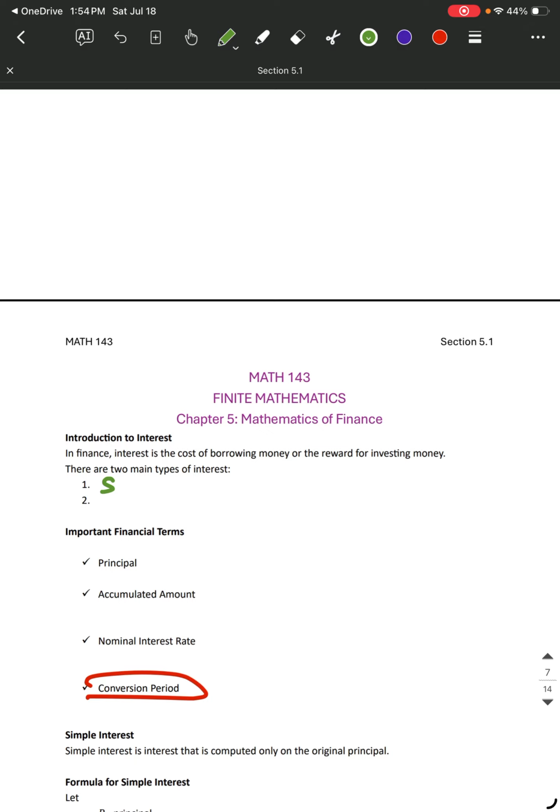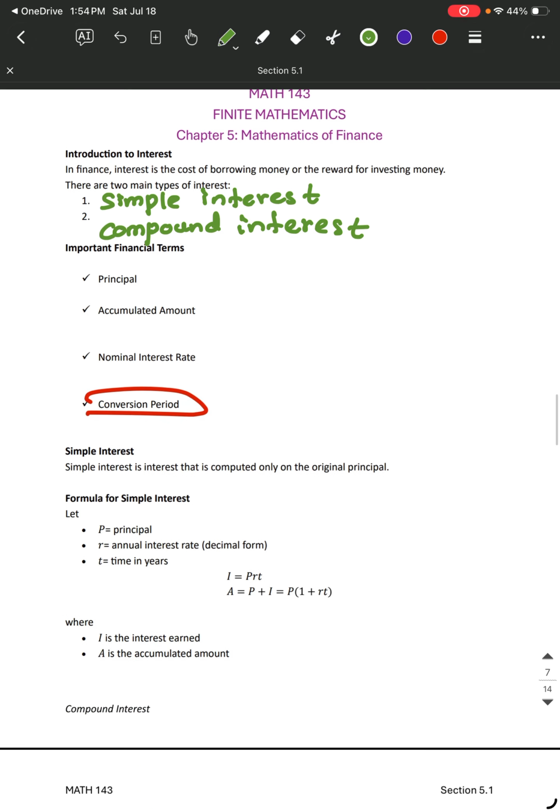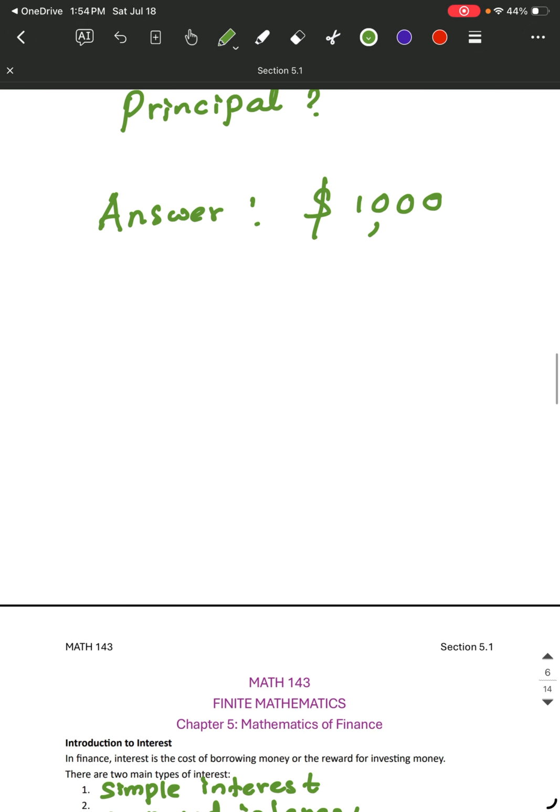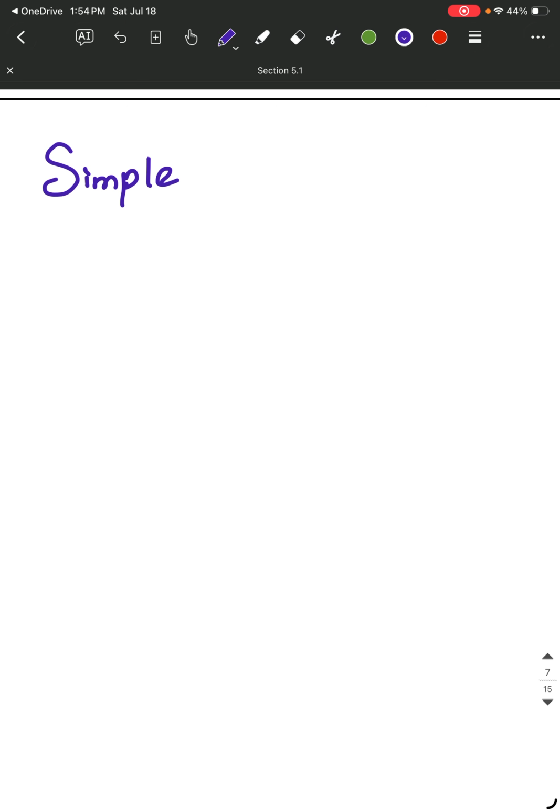The first one is simple interest. The second one we are going to talk about is compound interest. Right? So we already discussed all the necessary parts. Let's begin with simple interest then. Simple interest is the easiest type of interest to calculate.